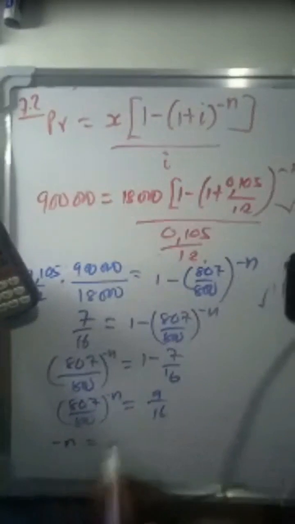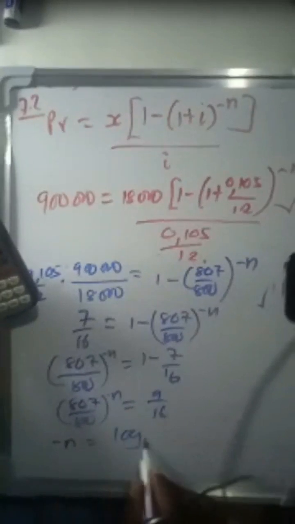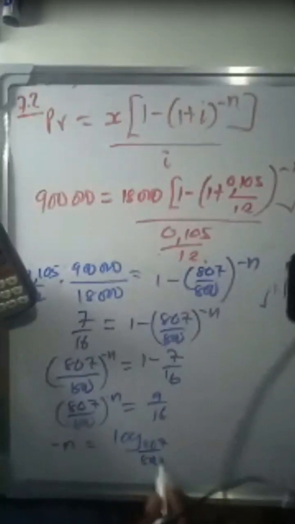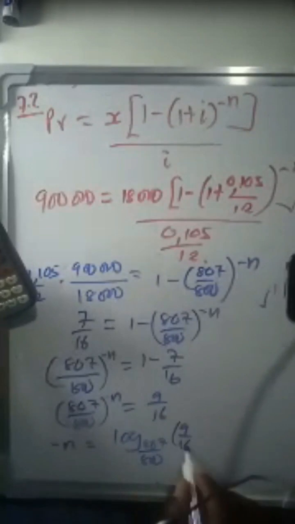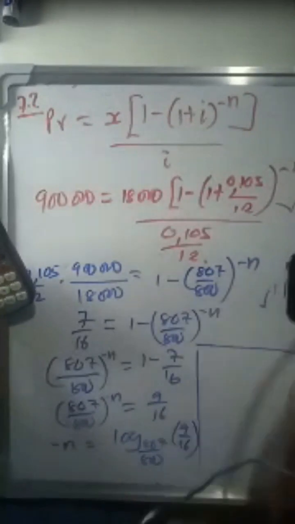Then this is where we use logarithms. Negative n equals log, the base is 807 over 800, of 9 over 16. And see how much we get.